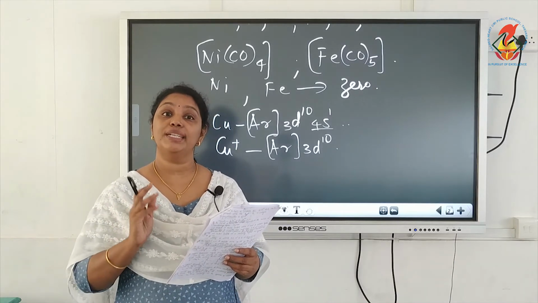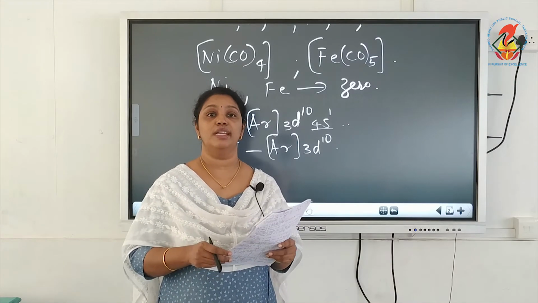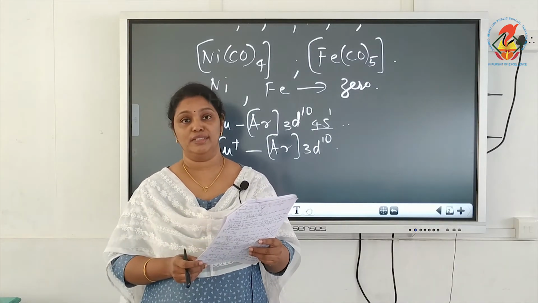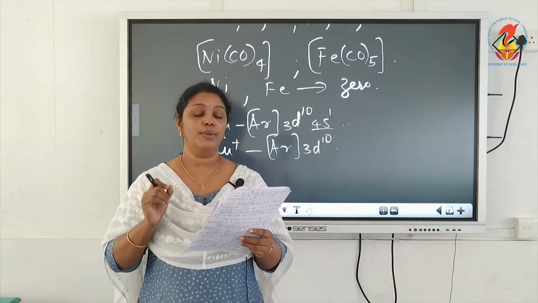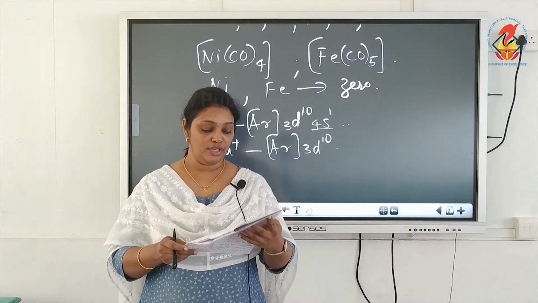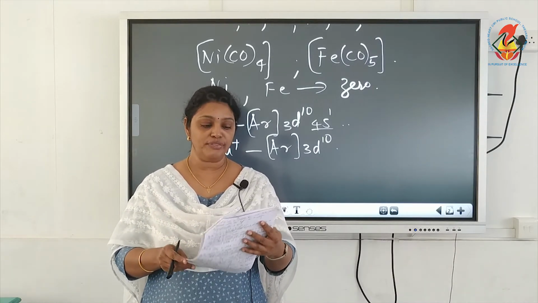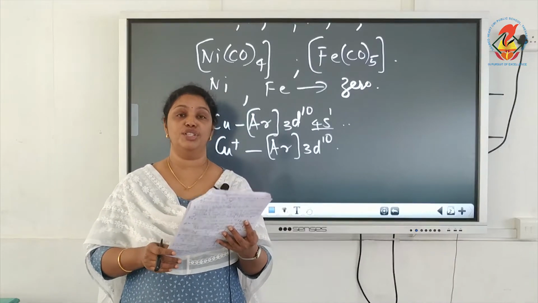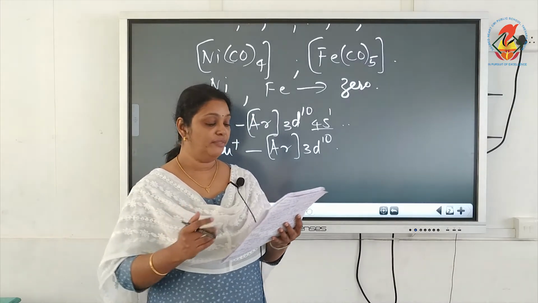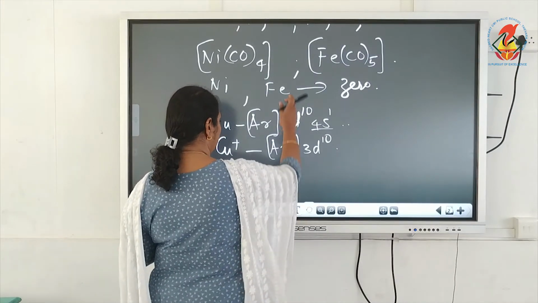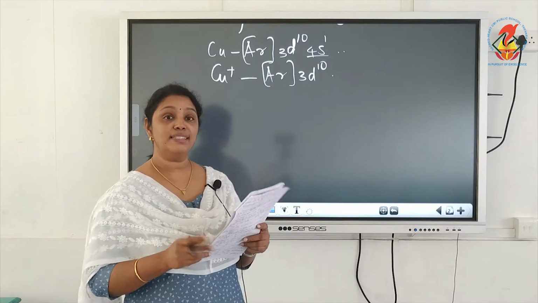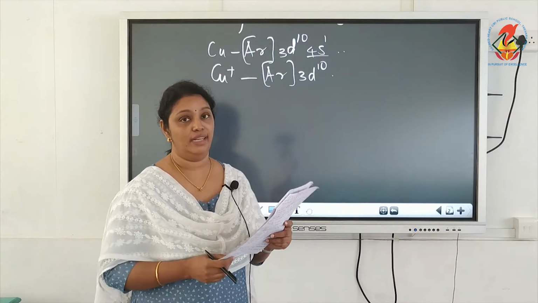Now next we are going to compare the oxidation states of transition metals with non-transition elements. So we have the question: how does variability in oxidation state of transition metals differ from that of non-transition elements? The differences are as follows.